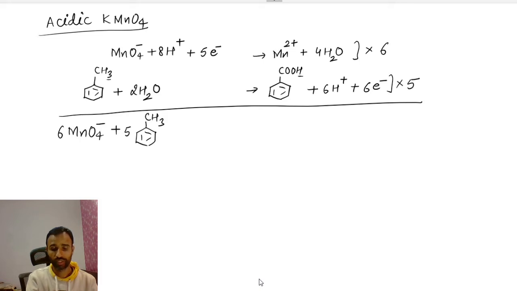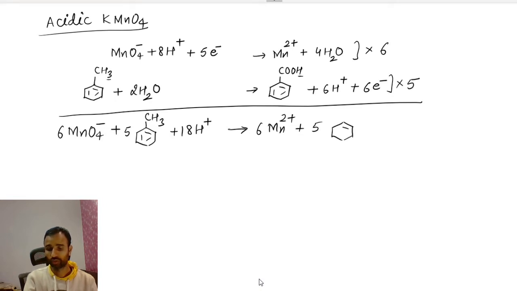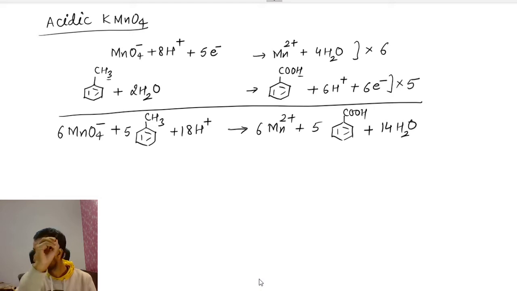So 5 toluene, 18H plus. What about water? 12 and 24, so it should be on the right side. 6 Mn2 plus, 5 benzoic acid, and 24 minus 10, so 14 H2O, right?